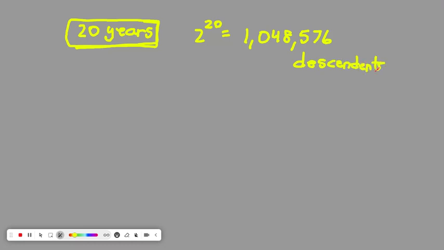And those descendants, by the way, we're talking about every 20 years. We're talking in 400 years. So if you go back 400 years ago, you can have over 1 million descendants. Looks like we have a mutation. That should be an A. Fix that A there. So think about going back 1,000 years.